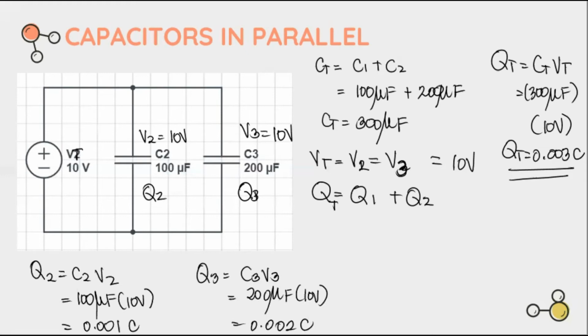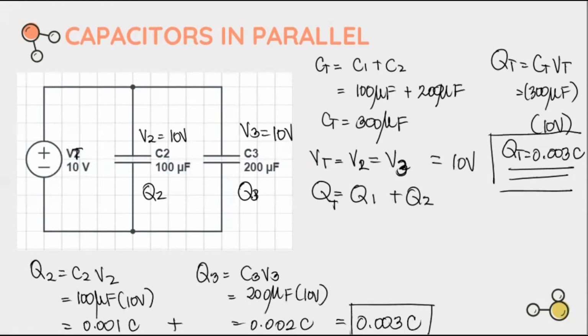So, kung i-check po natin yan, dun sa value na nakuha nating total charges, so kailangan pag pinagsama natin sila, equal po sila sa 0.003 coulomb. Okay, so tama po yung ating ginawa. Okay, so tandaan po, pag capacitors is parallel, the voltage from the source, or yung pinakamalapit na voltage sa kanila, na connected sa kanila, ay equal po doon sa individual voltage per each capacitor.